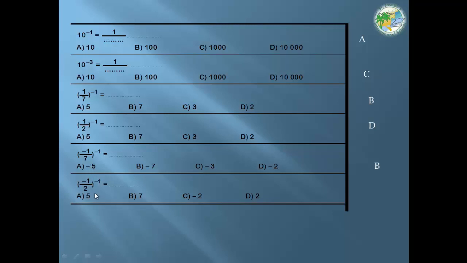With the same question, negative 1 over 2 power negative 1. What is the meaning of negative power? We change the place of the numbers. It equals 2 over negative 1. What does 2 over negative 1 equal, prep 1?